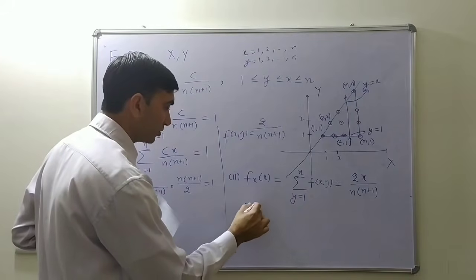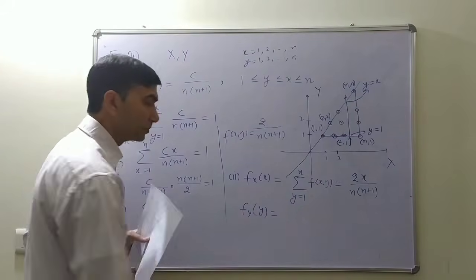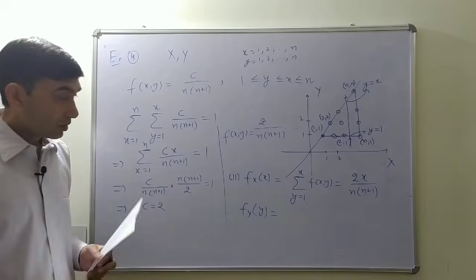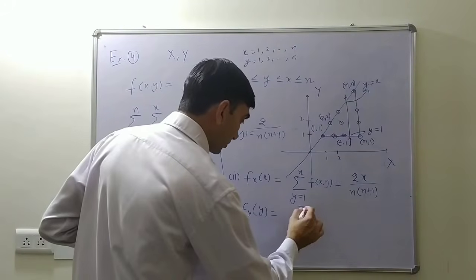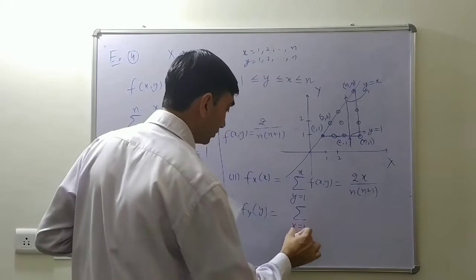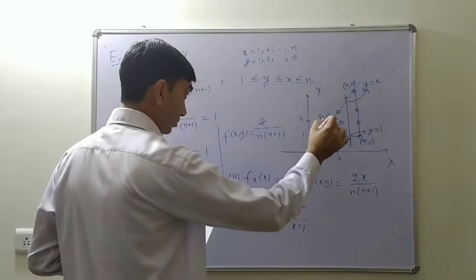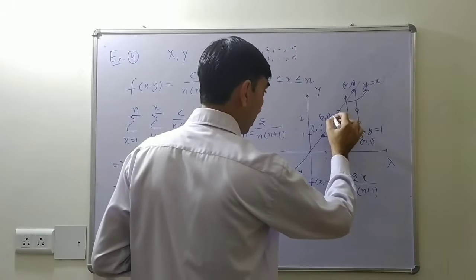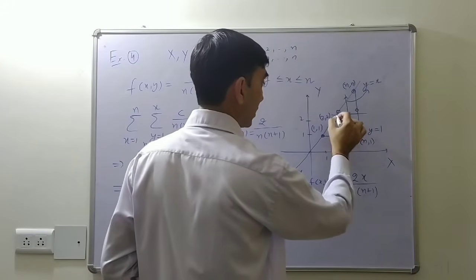What is the marginal density of y? Marginal PMF of y. This time you will sum over x. So x goes from, choose your ray through the region parallel to the x axis. See where it enters.